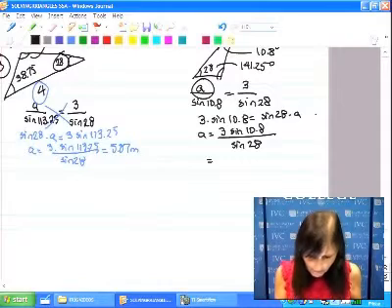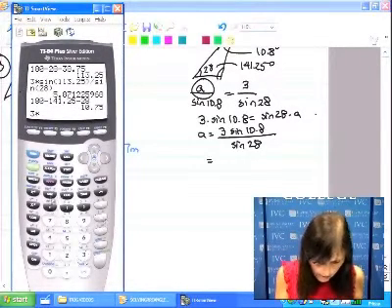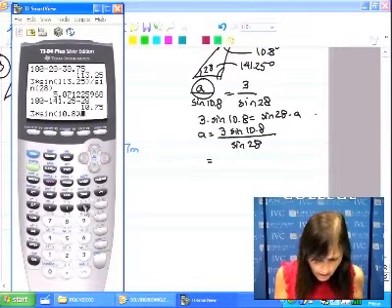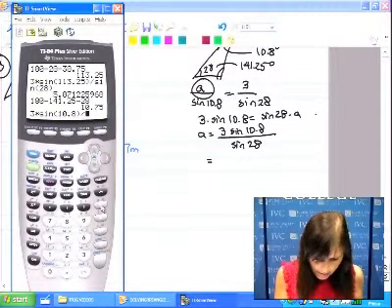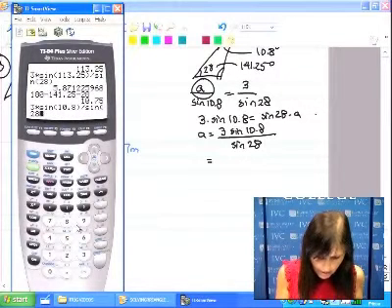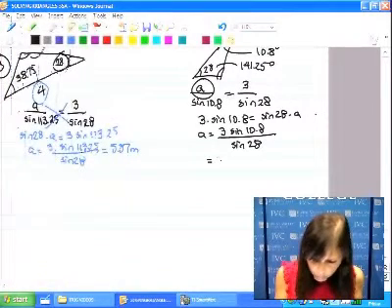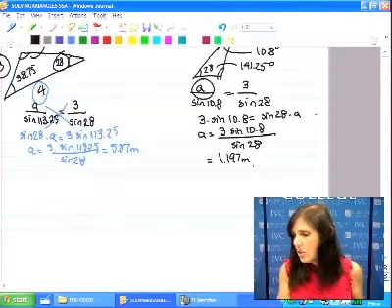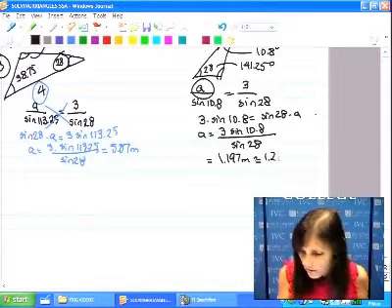And that gives me 3 times sine of 10.8 divided by sine of 28. And that gives me 1.197 meters. That's about 1.2 meters.